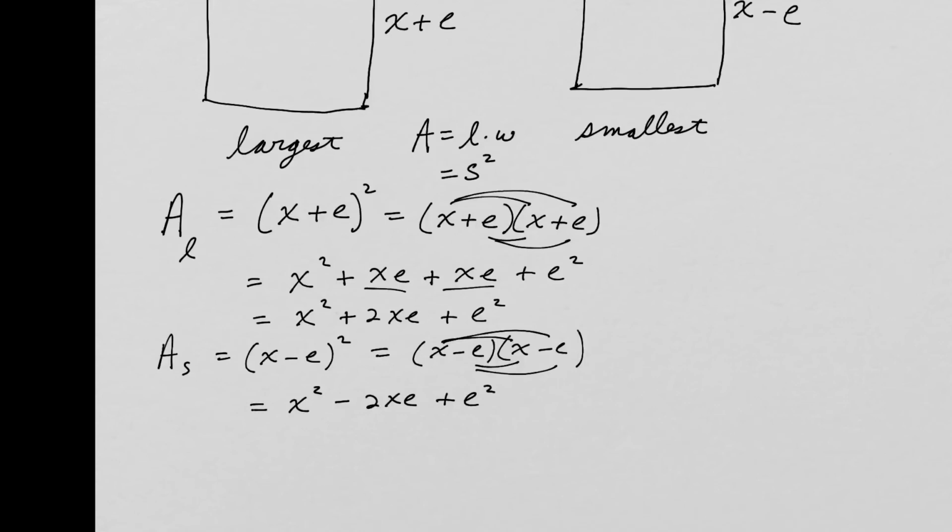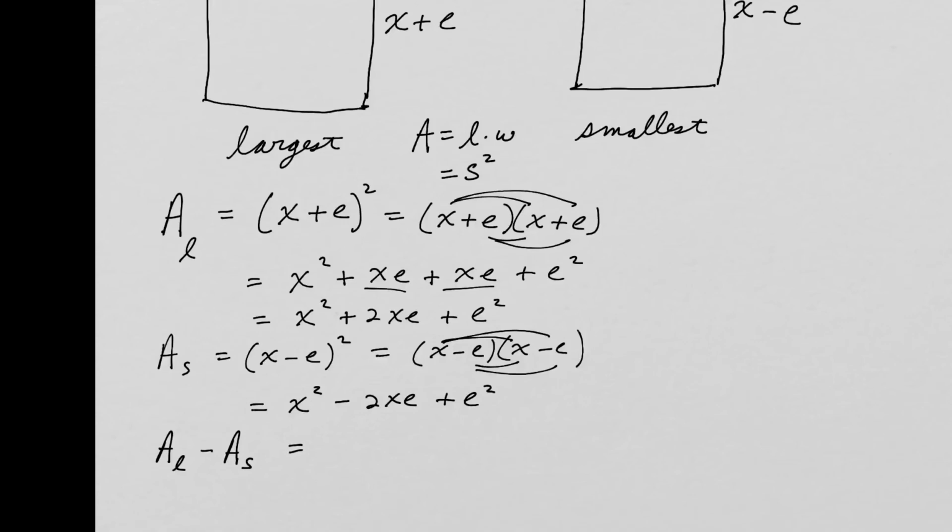All right, now what did this question ask? It said, what is the difference in area between the wooden square with the largest possible dimensions and the wooden square with the smallest possible dimensions? Well, the difference is going to be the area with the largest possible dimensions minus the area with the smallest. So it's A sub L minus A sub S, right?